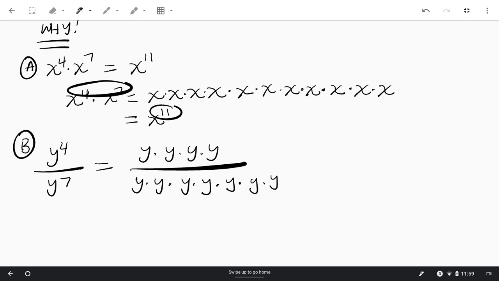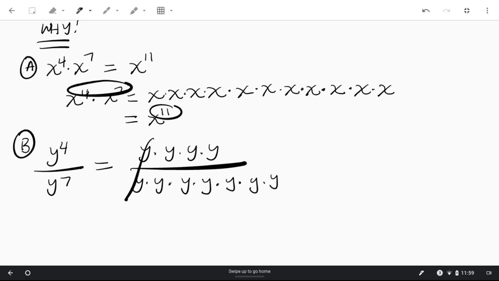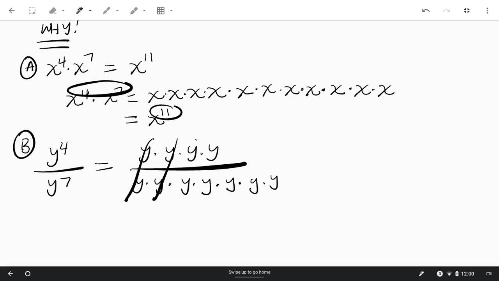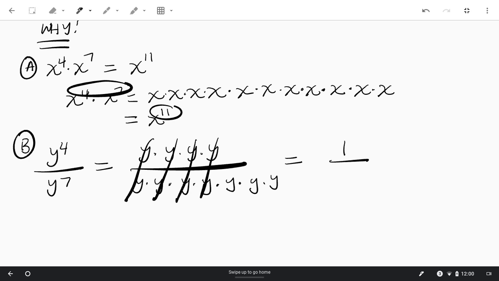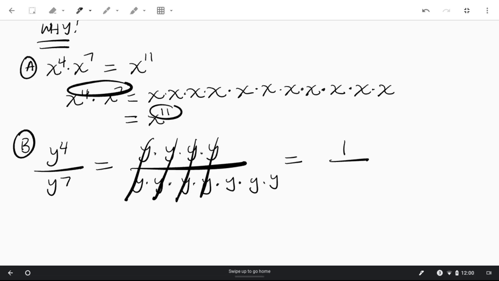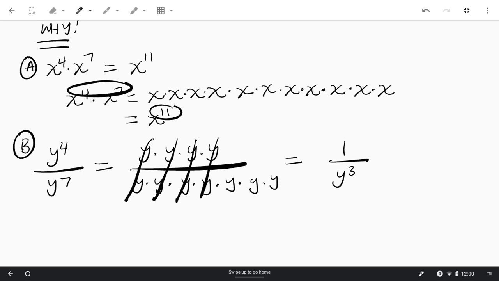We can see that these two will cancel, these two will cancel, these two will cancel, and those will cancel, leaving us with 1 on top and y cubed on the bottom. So we see here that it's basically canceling 4 y's with 4 y's on the bottom, leaving you with 3.